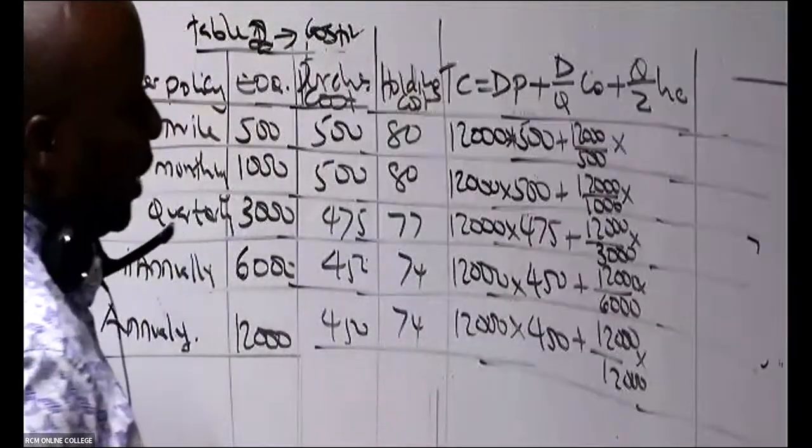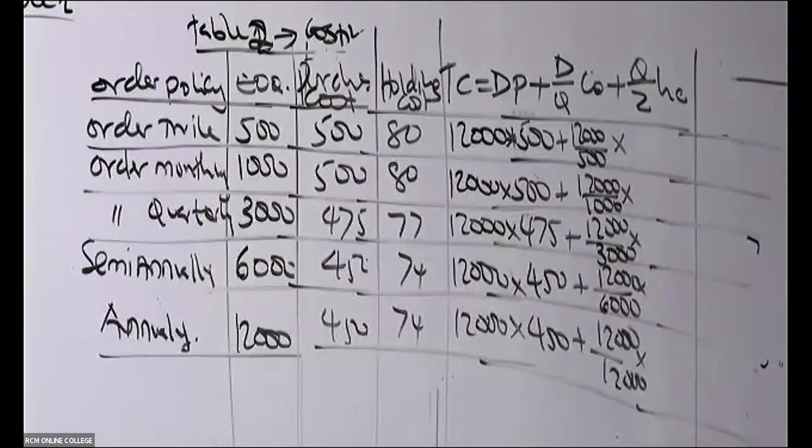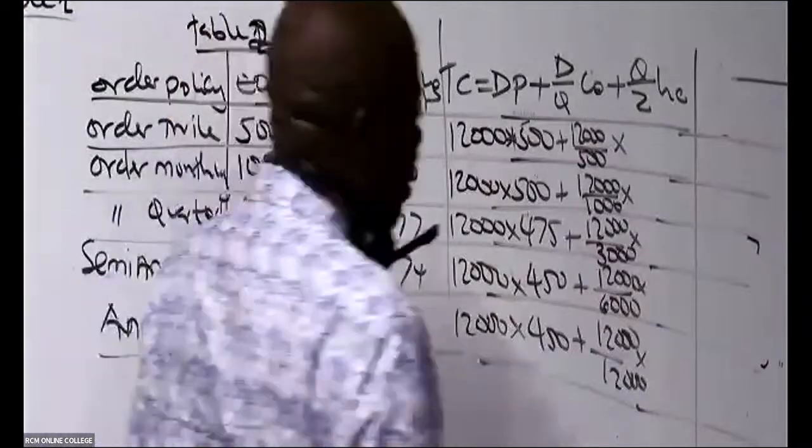Is there somebody who is able to remember the cost per order? The cost per order was provided in the question. It won't keep on fluctuating. The cost per order will remain the same.